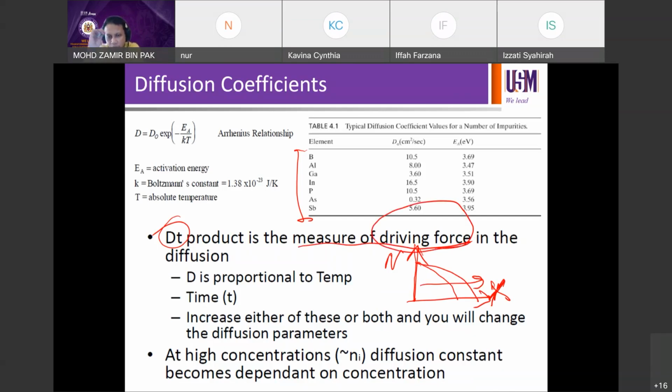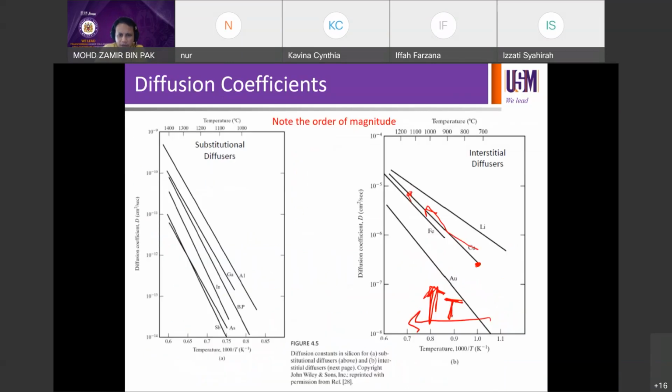You are giving more force if you increase the process time for the dopants to be diffused further into silicon. So D is proportional to temperature. You can see in the previous graph, higher temperature leads to higher D.